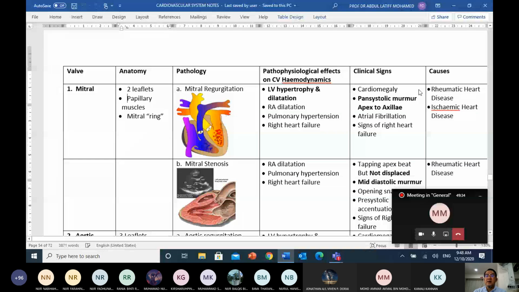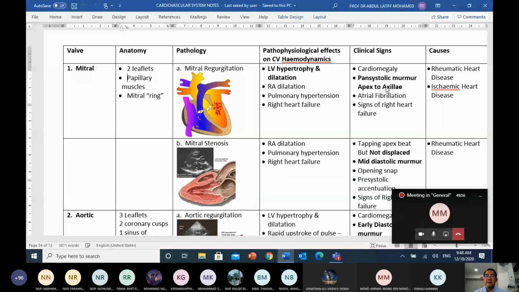Okay, so now what will happen? You will have turbulence of blood, and this turbulence of blood will cause a murmur. Okay, murmur is the sound of turbulence. When you put your stethoscope on the chest, you will hear bzz, bzz, bzz.